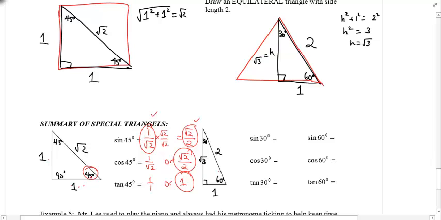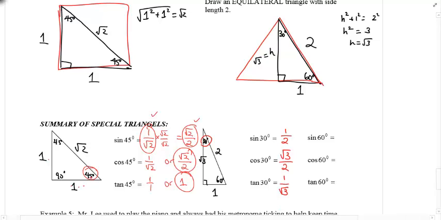Sine 30. Here's 30 degrees. Opposite is 1. Hypotenuse is 2. Cos 30. The adjacent is next to it, root 3, all over 2. Tangent 30, that's opposite 1 over root 3. And let's do the sine 60.